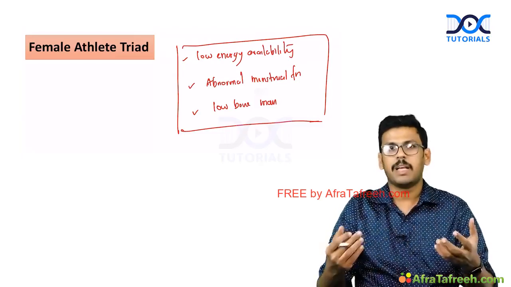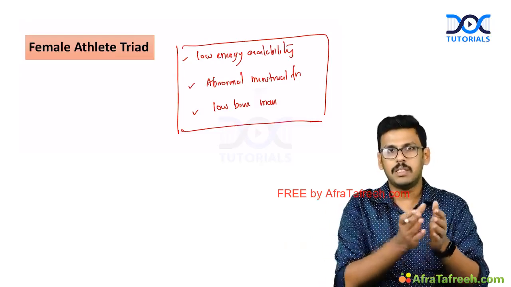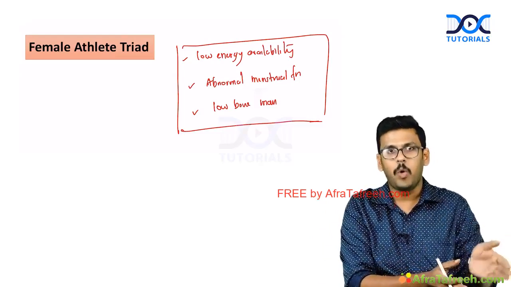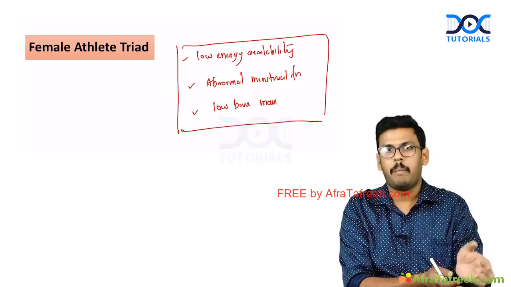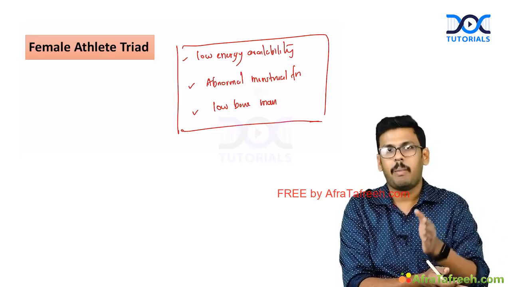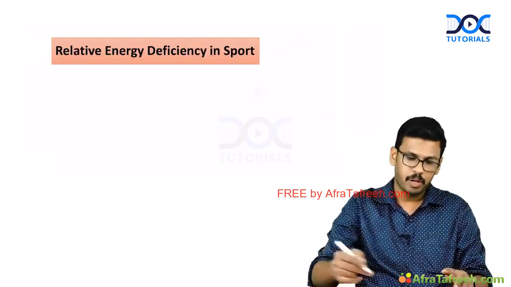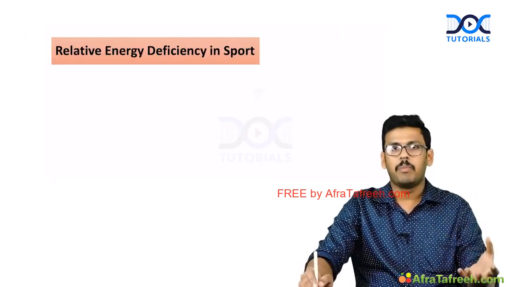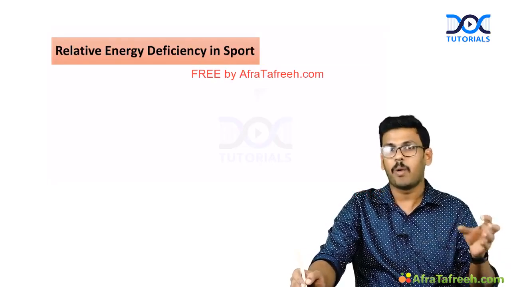But as time has passed, we had scientific knowledge that this abnormality of low energy availability is confined not only to women, but men can also be affected by this low energy availability. And apart from low bone mass and menstrual function, so many other domains can also get affected.